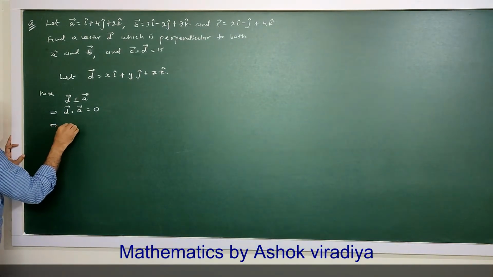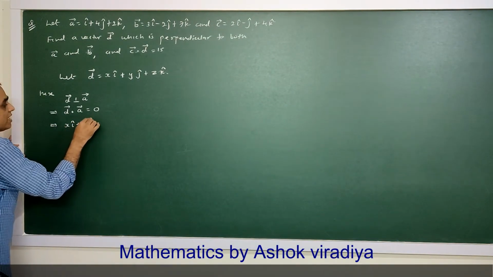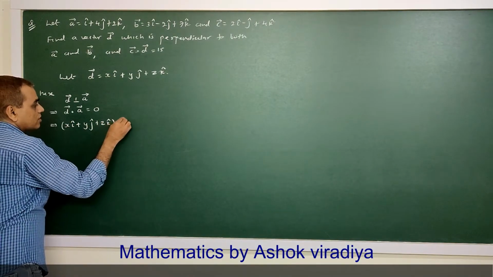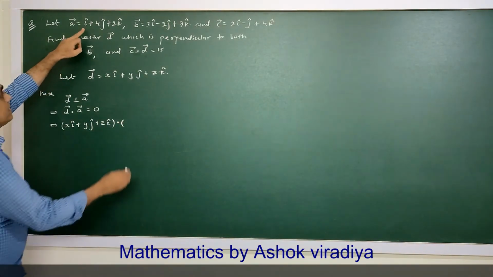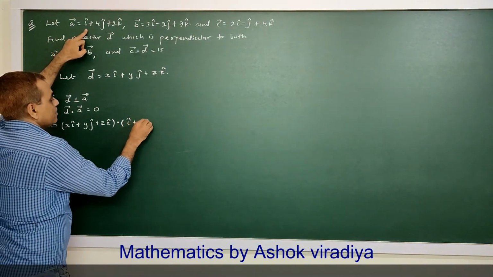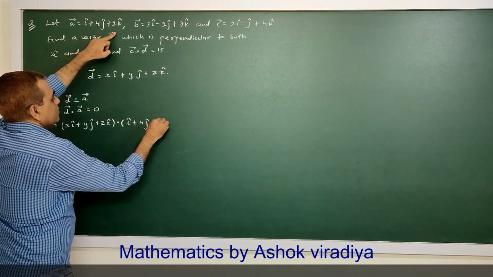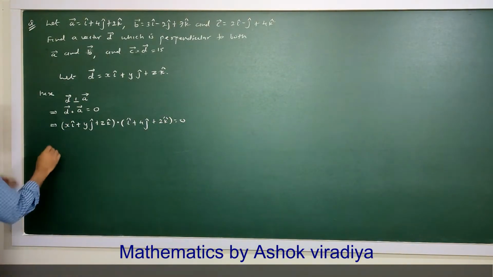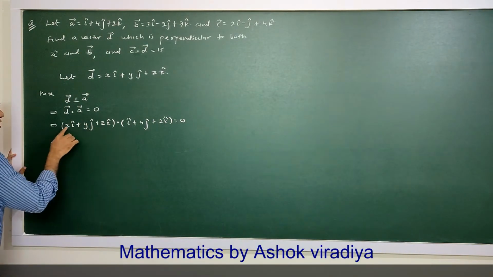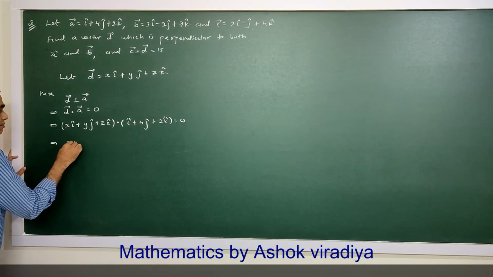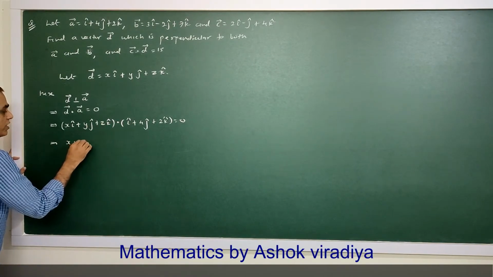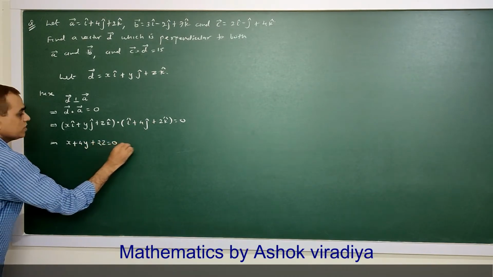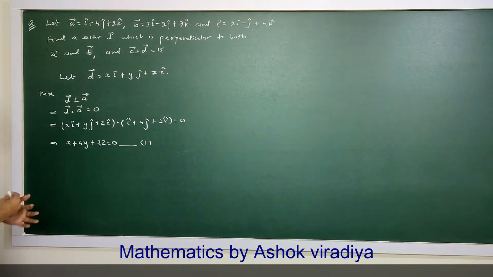Therefore xi plus yj plus zk dot vector A, which is i plus 4j plus 2k, is 0. So now taking the dot product, x into 1 is x, plus y into 4 is 4y, plus 2z equal to 0. This is equation 1.